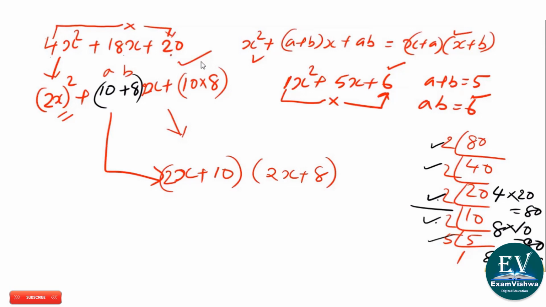So the expansion formula which we studied helped in solving the situation here. But basically what we understand is that if you split the middle term, which is the commonly used way of saying it, in such a way that the sum is equal to the coefficient over here and the product is equal to the product of the coefficient of x square with the constant, here in this case 80, we can factorize this kind of algebraic expression.